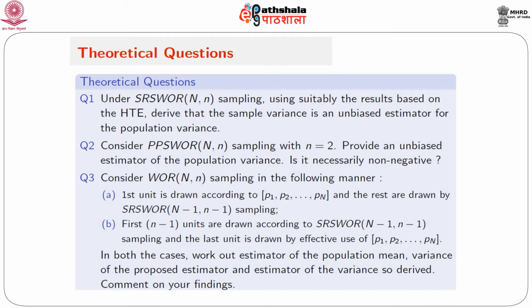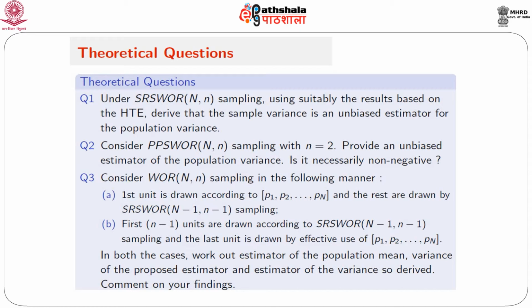So a straightforward derivation of an unbiased estimator of the population variance rests on the fact that the population variance can be expressed as a multiple of double summation (yi minus yj) whole square. And therefore, an unbiased estimator for this is the same multiplier multiplied by double summation restricted to the sample, (yi minus yj) whole square divided by pi ij.